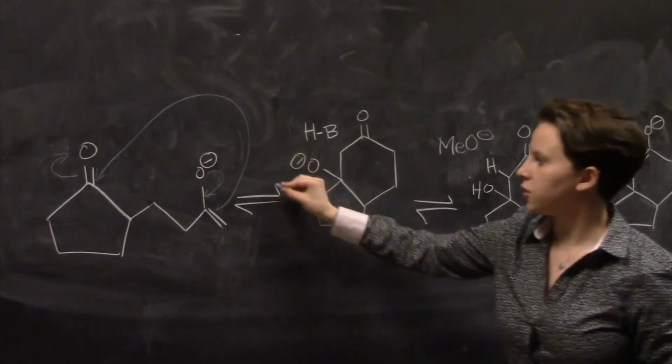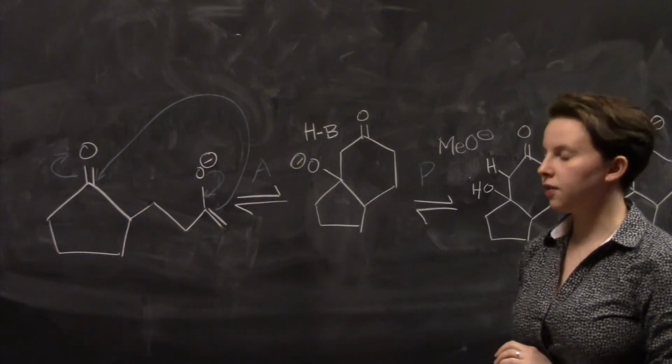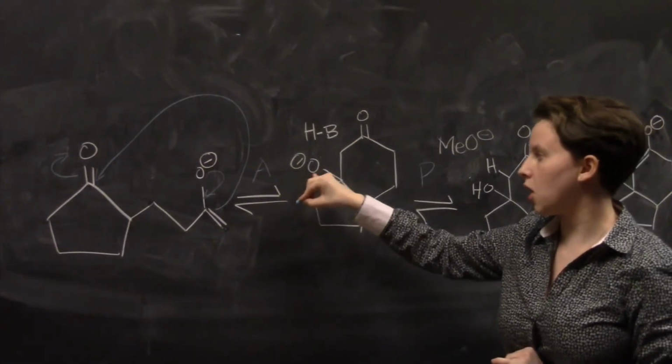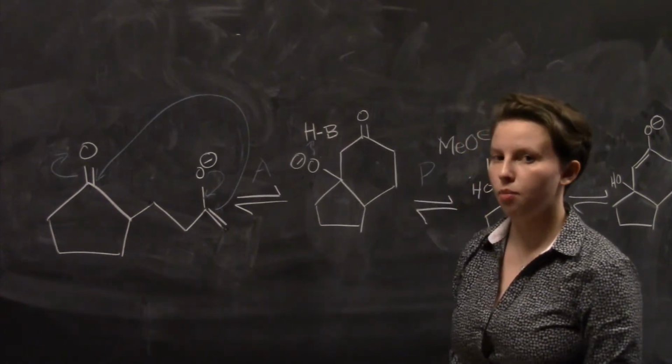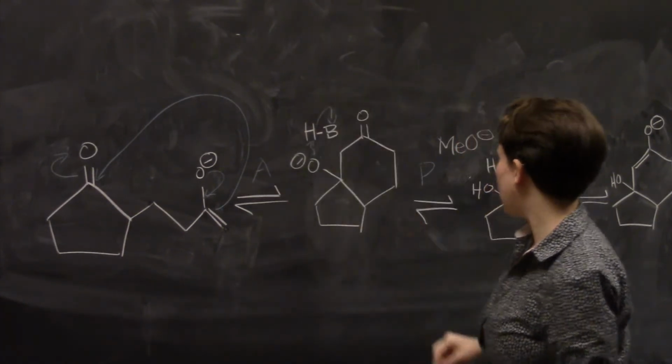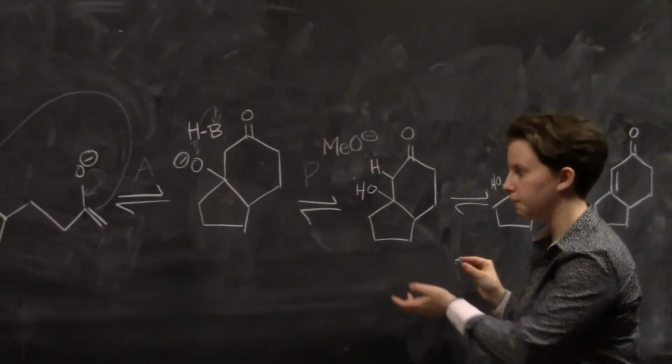So once that happens, the addition step, we can do a protonation. Specifically, the minus from the oxygen, the extra electrons, can steal a hydrogen from a base and form an alcohol, which we see in this next structure.